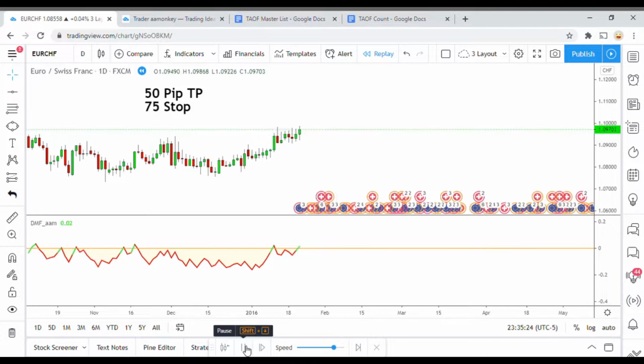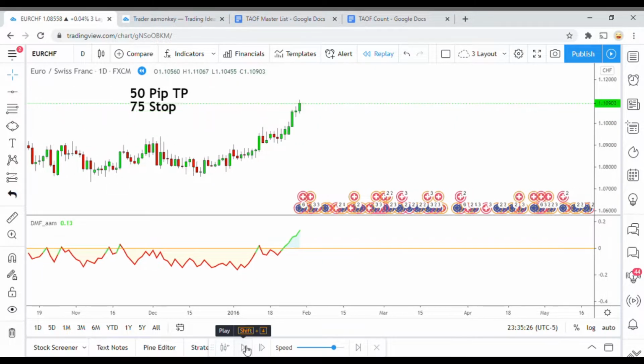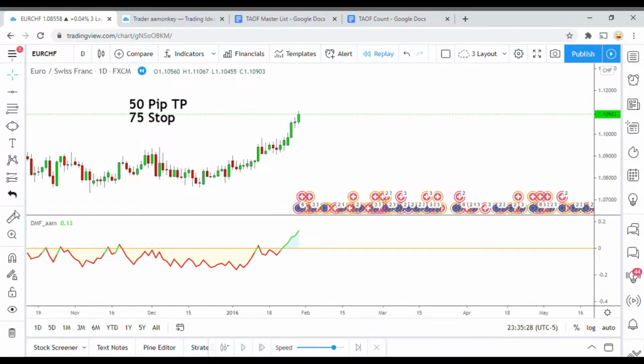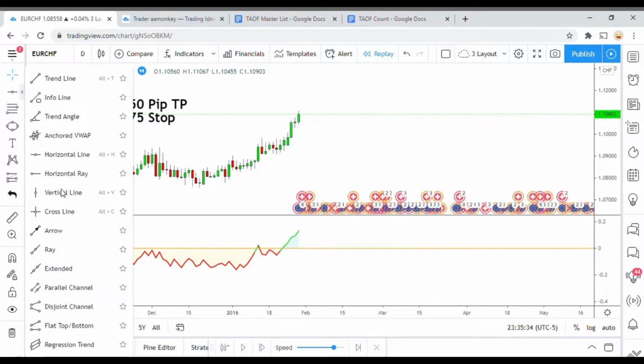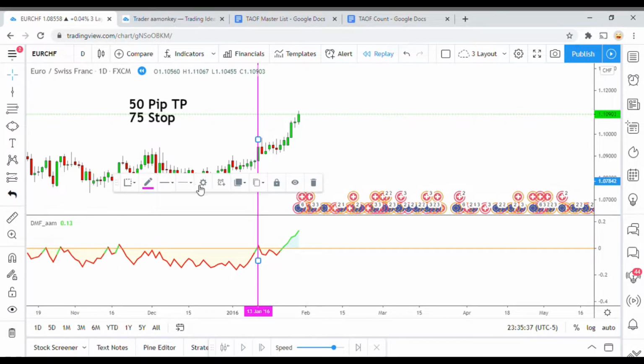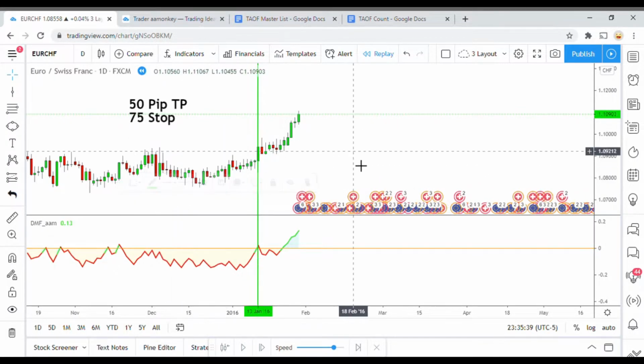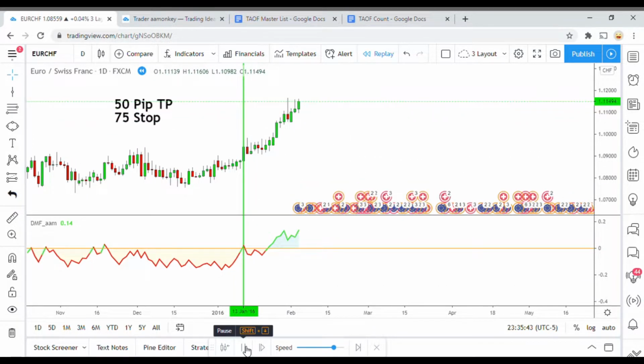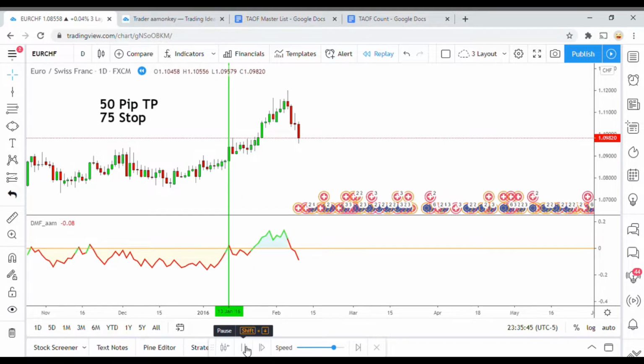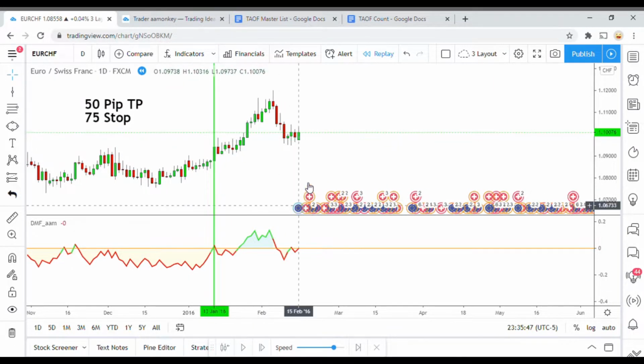We'll play this forward a little bit more. It does eventually take off, but let's see if this stops us out to the downside here. It does not. And so there we go. Decent little trade right there.